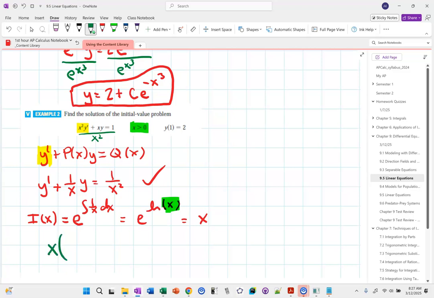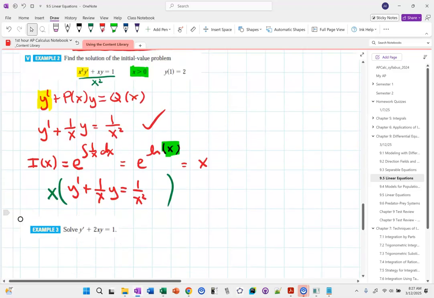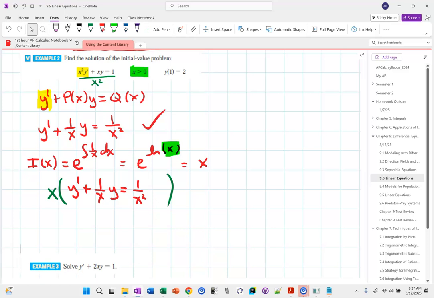So now we'll multiply both sides of our differential equation by x. And I'm going to go ahead and rewrite this, I guess it doesn't really matter, I'll just leave it as y prime. You guys are good with it, right? So there's that.